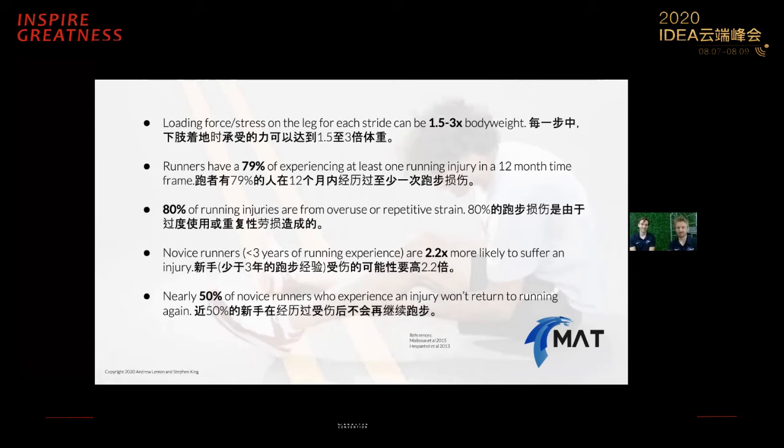And unfortunately, 50% of those new runners who get injured then won't return to that activity, which is sad because it is a great form of health and fitness.